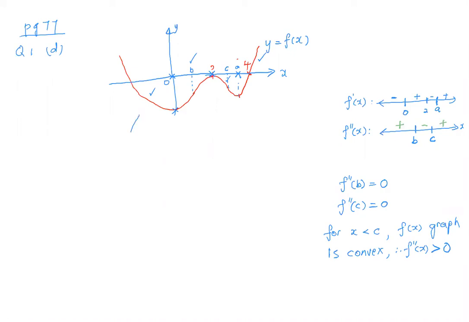Go up, pass through this point, continue to go up until B. After B, it starts to go down, then down to where? You have to pass through 2, then go down until C.